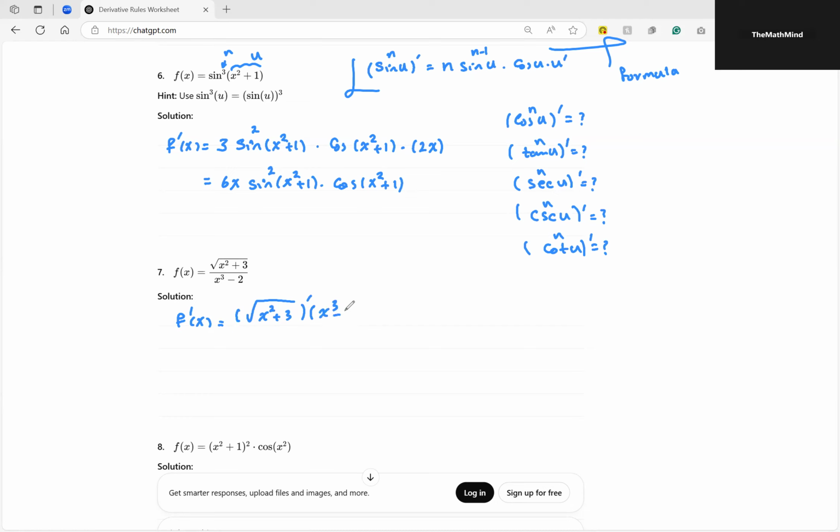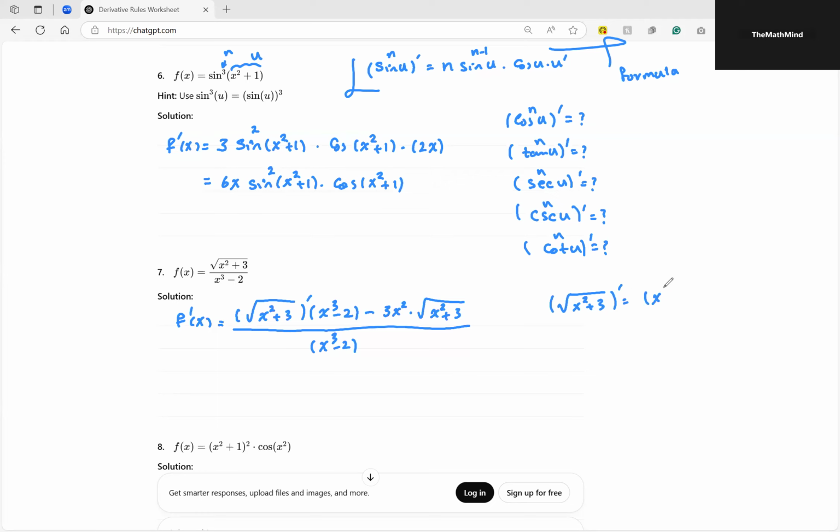Multiplied by the bottom minus the derivative of the bottom, 3x squared, multiplied by the top, divided by x cubed minus 2. And how do you take the derivative of this function here?